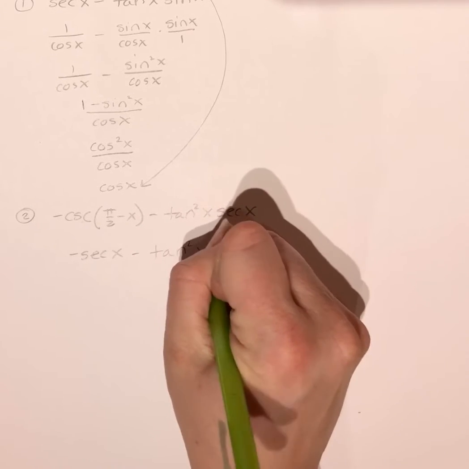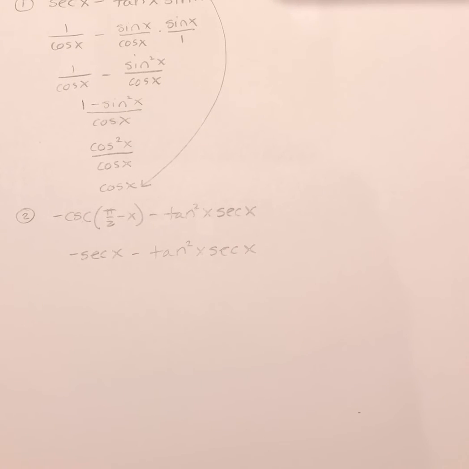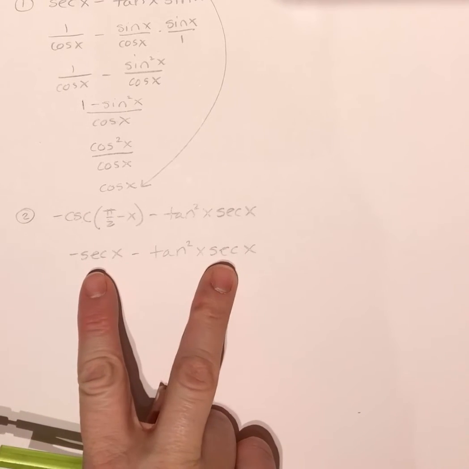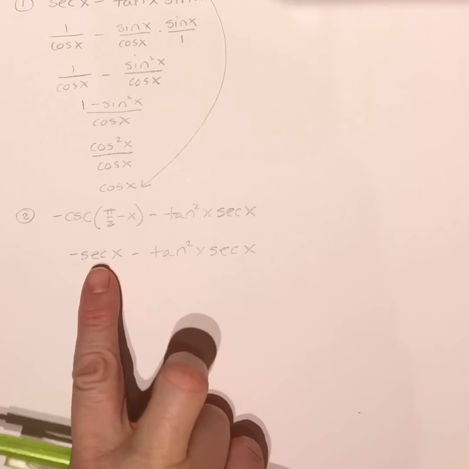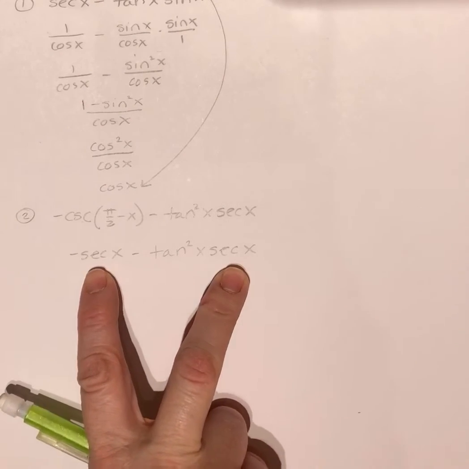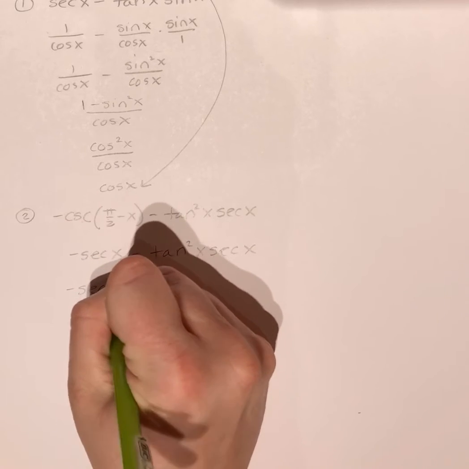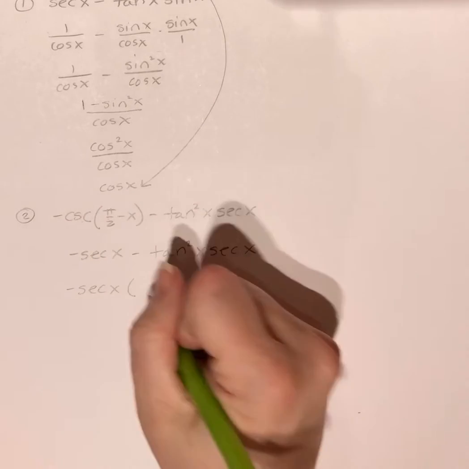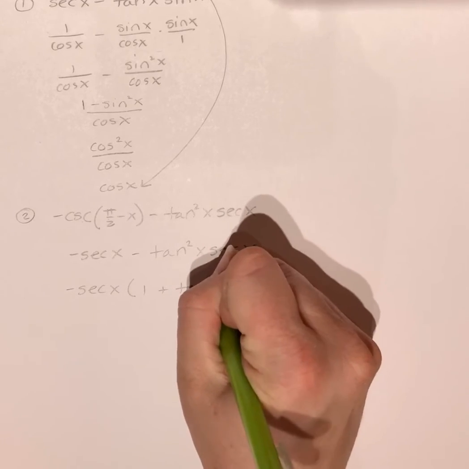Now, this is a problem where I could easily change everything to sines and cosines, but I have two terms, okay? I see this term and this term, and I see they both have a negative, and they both have a secant. So I can factor out a negative secant of x, and I'm left with 1 plus tangent squared of x.